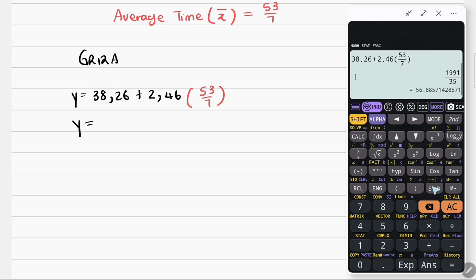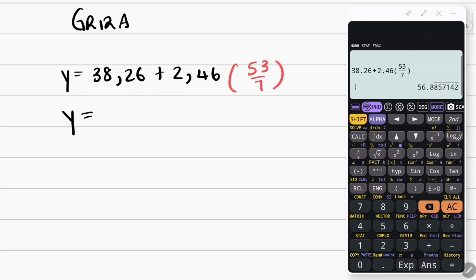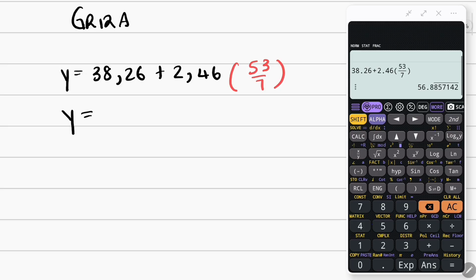Okay, and now at this point, it's fine to round off because we're just going to subtract those values to find the difference. So here, I'll leave this as 56 point, and then that rounds up to 9, so 0.89. So this is the result grade 12A would have gotten if she taught them for this time, this average time that we found.